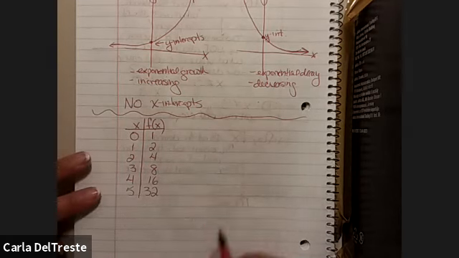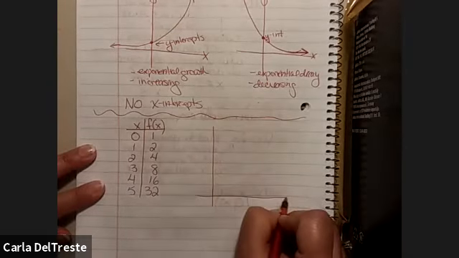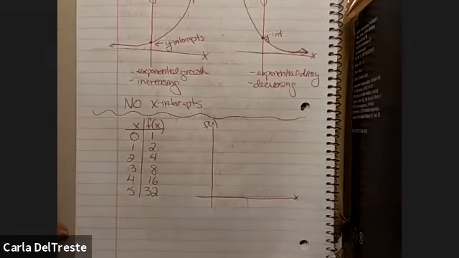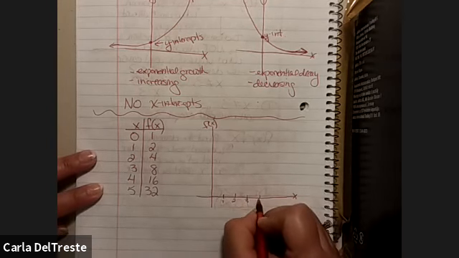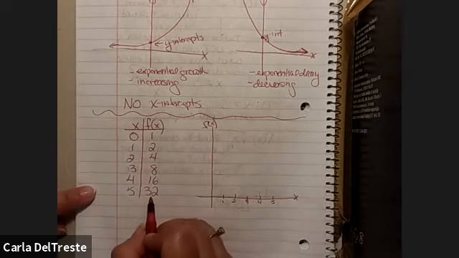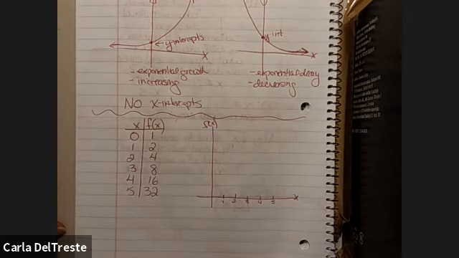And if I were to graph this, remember we're labeling first. Graphs always get labeled before you move on. I'm counting by ones for my input. That's pretty easy. But notice that I have to go all the way up to 32 for my output. So I'm not going to want to count by ones because it's going to take me a long time to get up to 32.